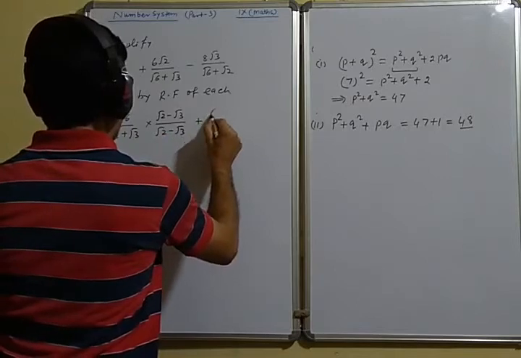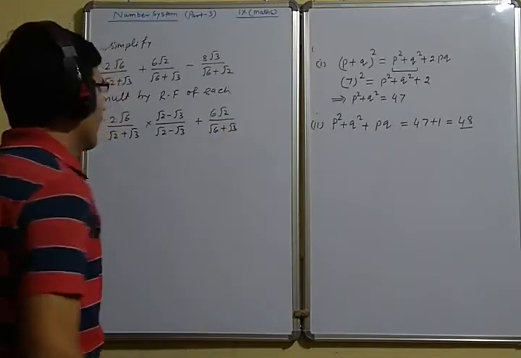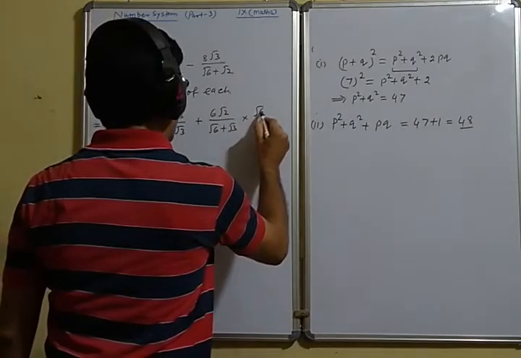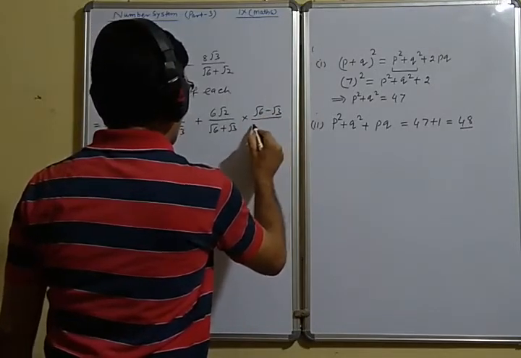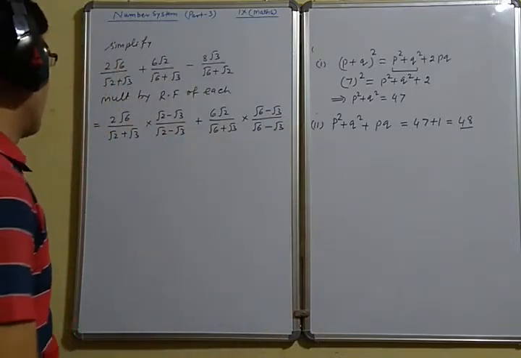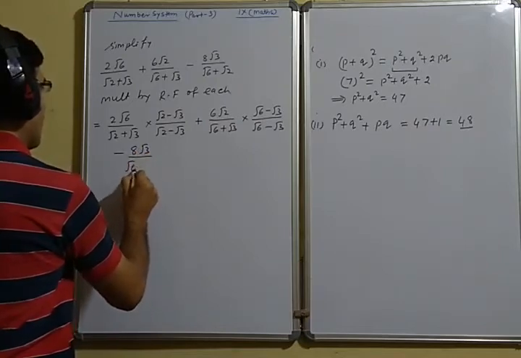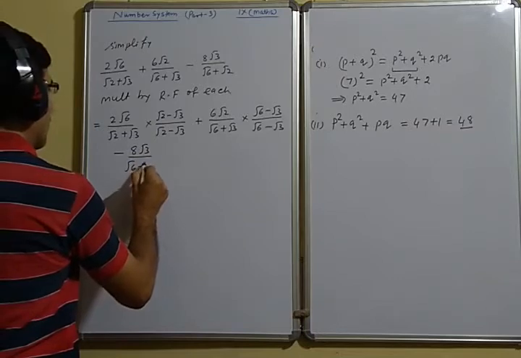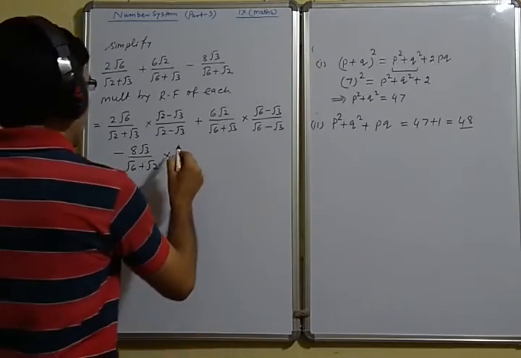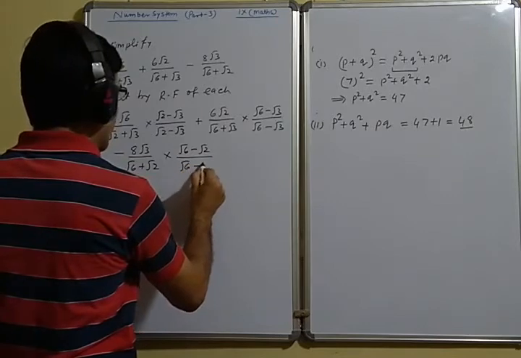Plus 6 root 2 divided by root 6 plus root 3, its rationalizing factor is root 6 minus root 3. Multiply both numerator and denominator. Minus 8 root 3 by root 6 plus root 2, multiplying by its rationalizing factor, that is root 6 minus root 2.